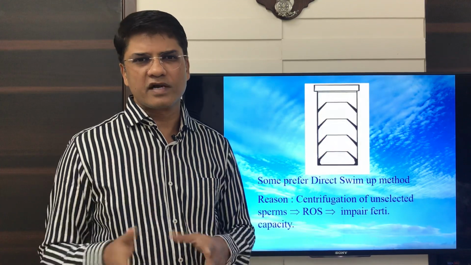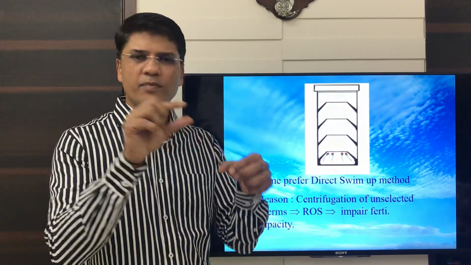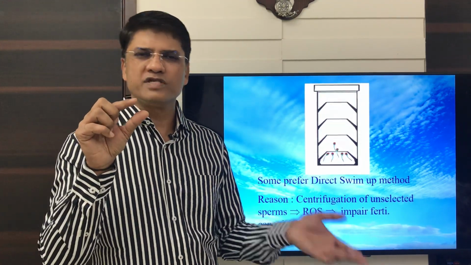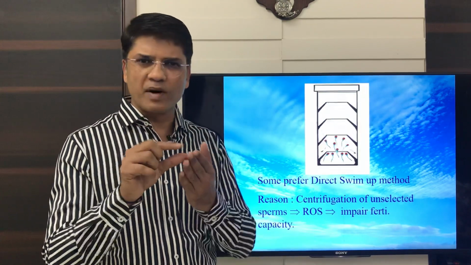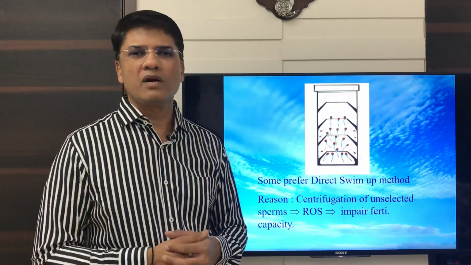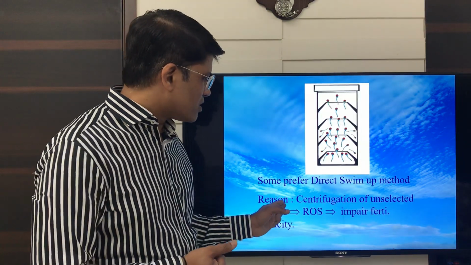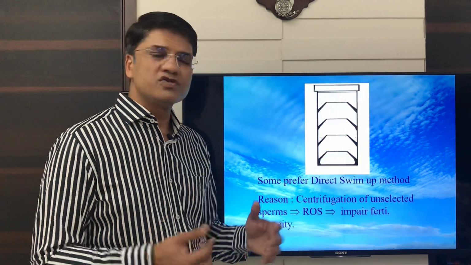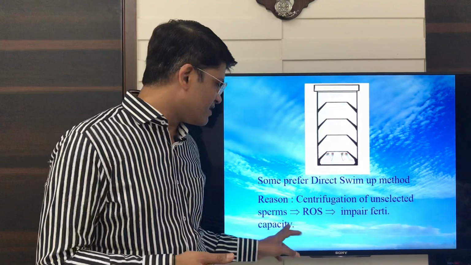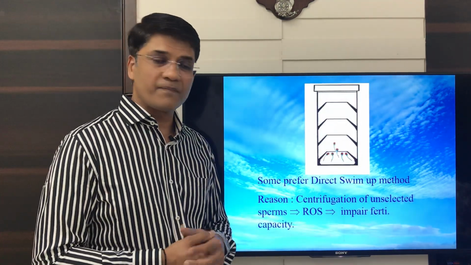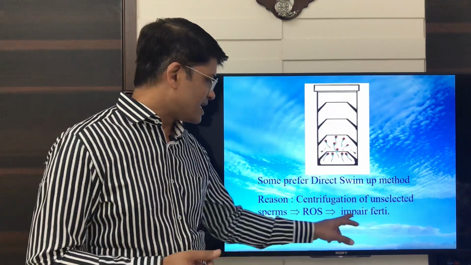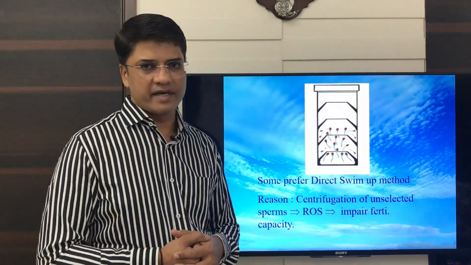After 35 to 45 minutes, they take out the upper 2 ml of media, which is again going to have good sperms only. Then they do one wash. So this is another way. And they do this because when we centrifuge all these sperms together, as I have told you, they theoretically at least produce ROS, and they can impair the fertilizing ability. Next step.